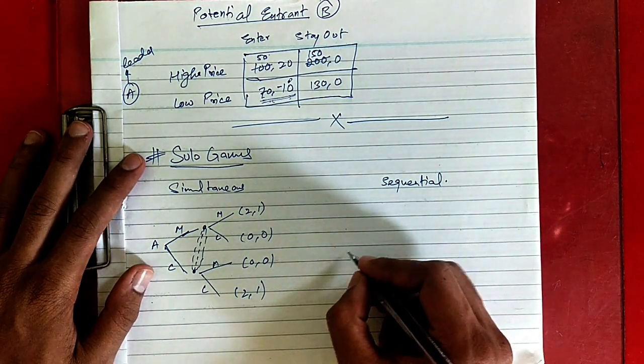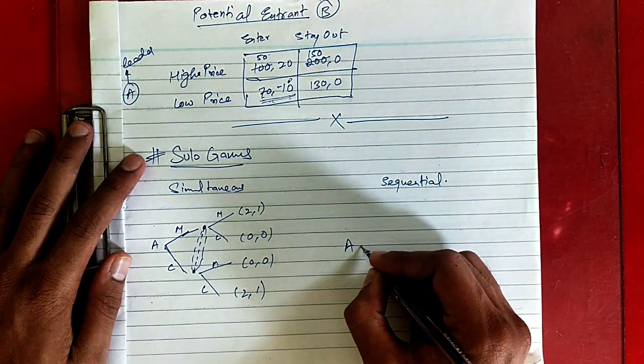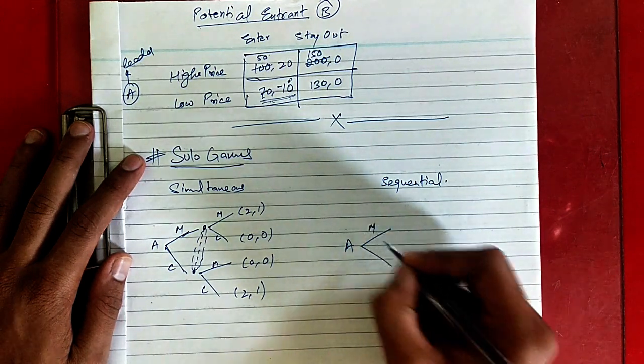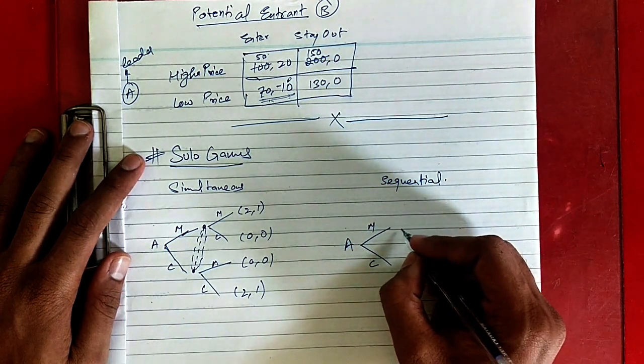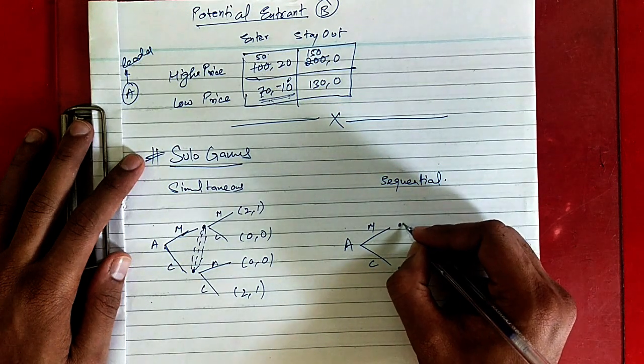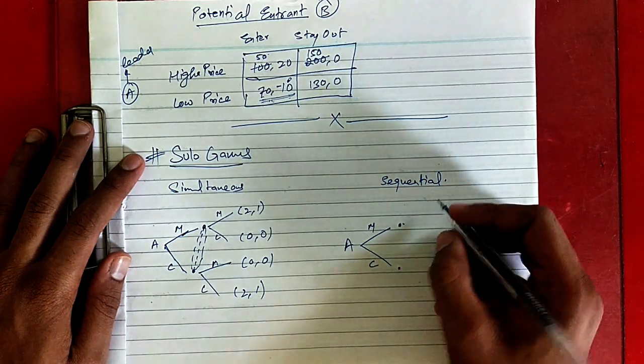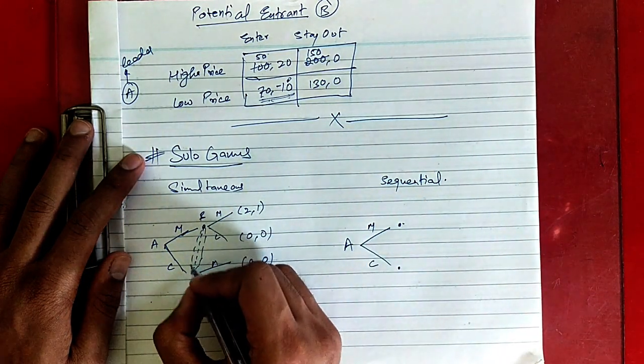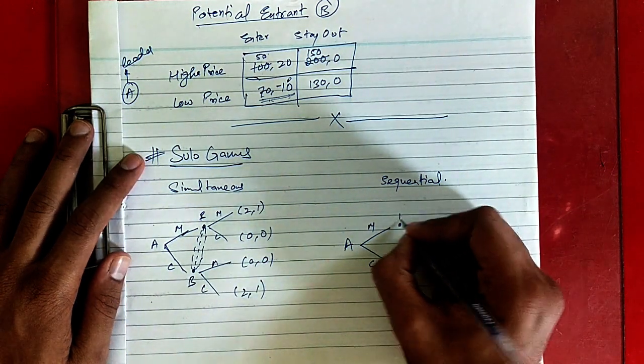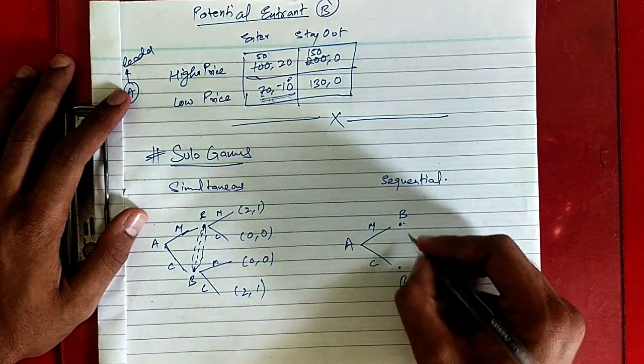So similarly, if I take the same example in the case of a sequential game, with movie or concert, decision nodes, again here I forgot to write B. Here B will come. So B is here.